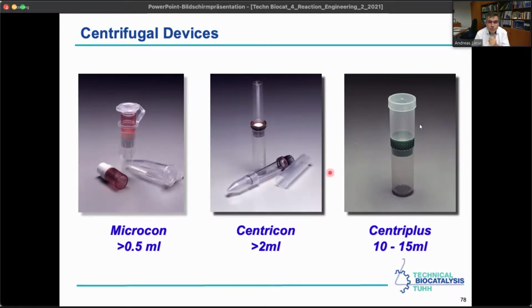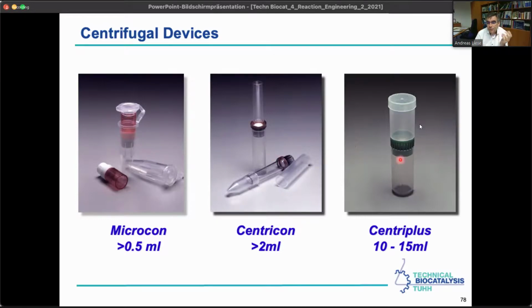These are just typical commercial devices. You fill in your retentate with a pipette on top, then here is the filtration membrane. Then you put it in a centrifuge, and by the centrifugal force the liquid will be pushed through the membrane, and your proteins will be retained here.